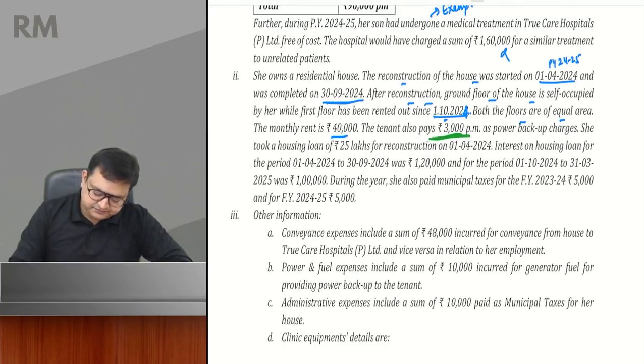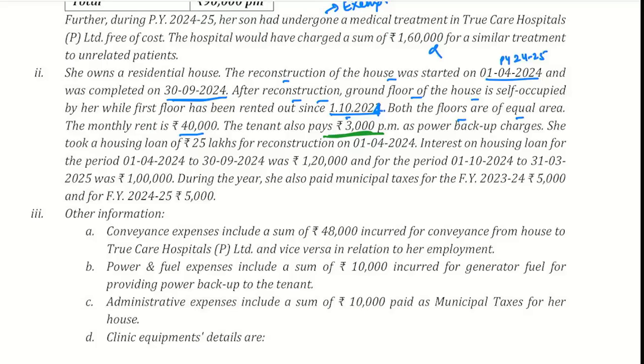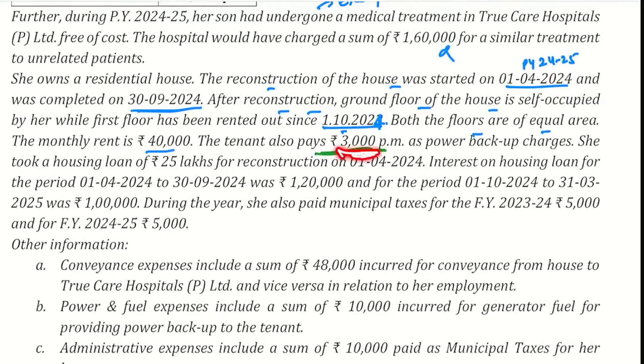Then the tenant also pays 3,000 per month as the power backup charges. Now, she took a loan of 25 lakh for reconstruction on 1/4/2024.